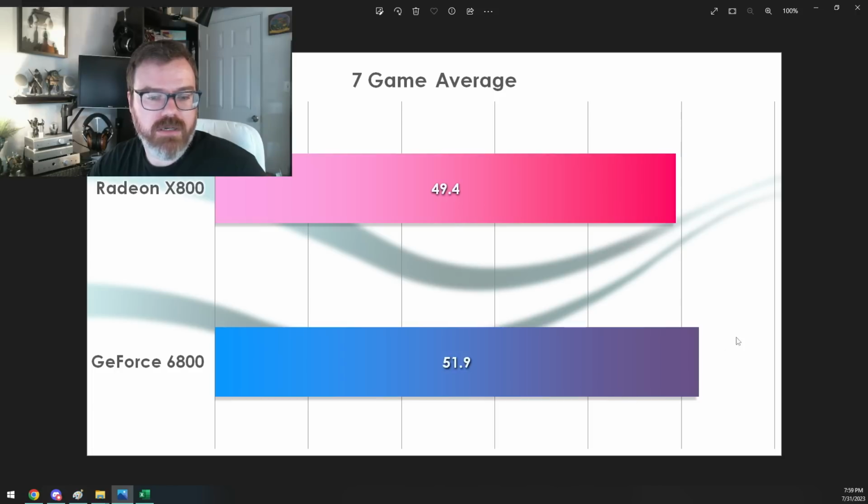That was not what the comparison was about. These two were pitted against each other directly in the market at the same price point at the same time, so it just made sense to me to put them against each other.